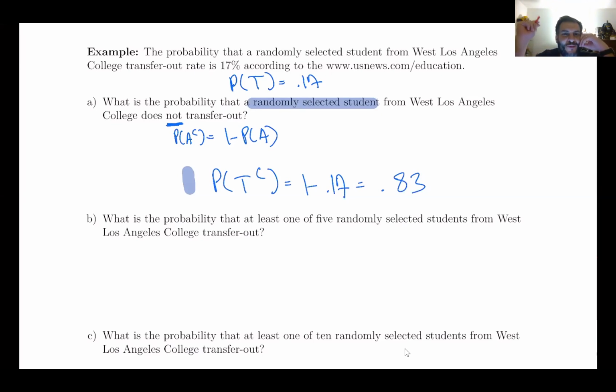So for part B, it said, what is the probability that at least one of 5 randomly selected students from West Los Angeles College transfer out? All right then. So what do you notice as the difference about part B? Cool.